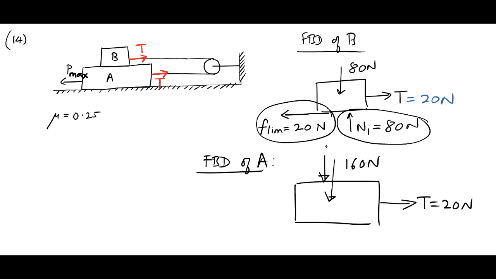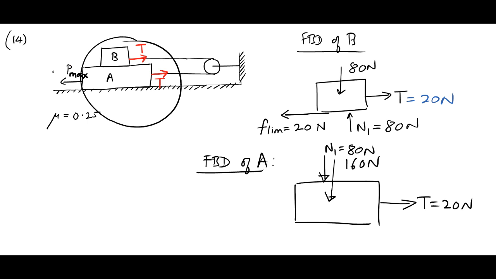It doesn't matter. So N1 is 80 newtons. If I draw the blocks A and B exactly in their relative positions, then this N1 and this N1 must be collinear. They are an action and reaction pair. But it doesn't really matter in this particular problem.